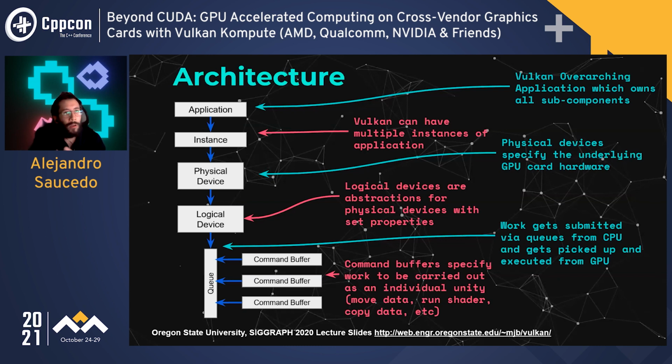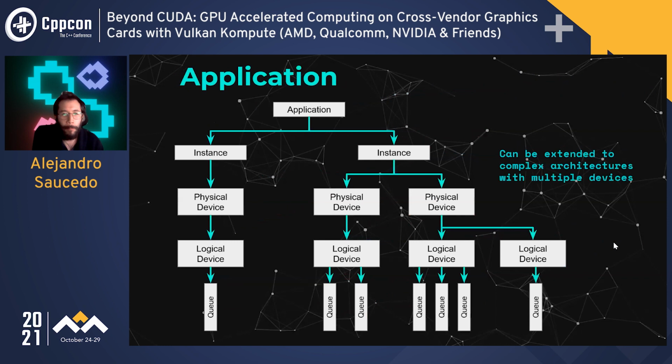So you can see how you can interact with the GPU by sending it commands and expecting those commands to be processed in order to perform a program or specific computation, right?